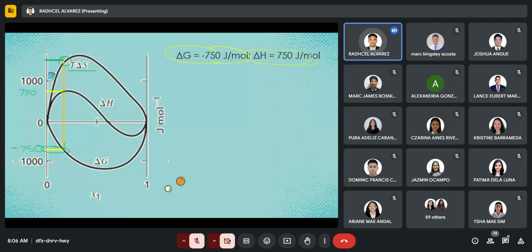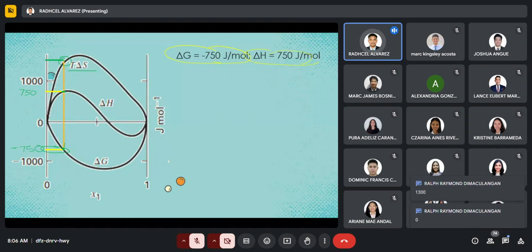Now, based on the graph, sa tingin nyo, ano kayang value ng ating T delta S? Sige nga, sukatin nyo nga yan. Ito daw ang T delta S natin, itong nasa green line na ito. Ano kayang sukat niyan?